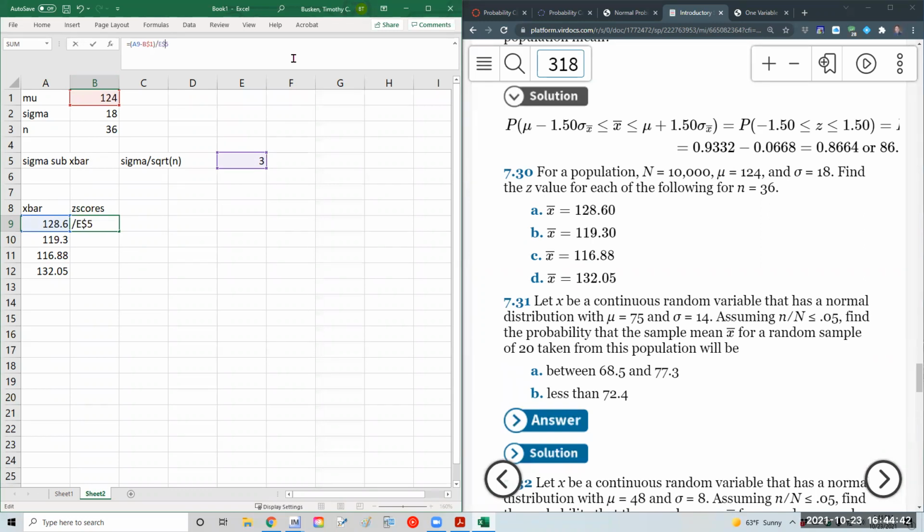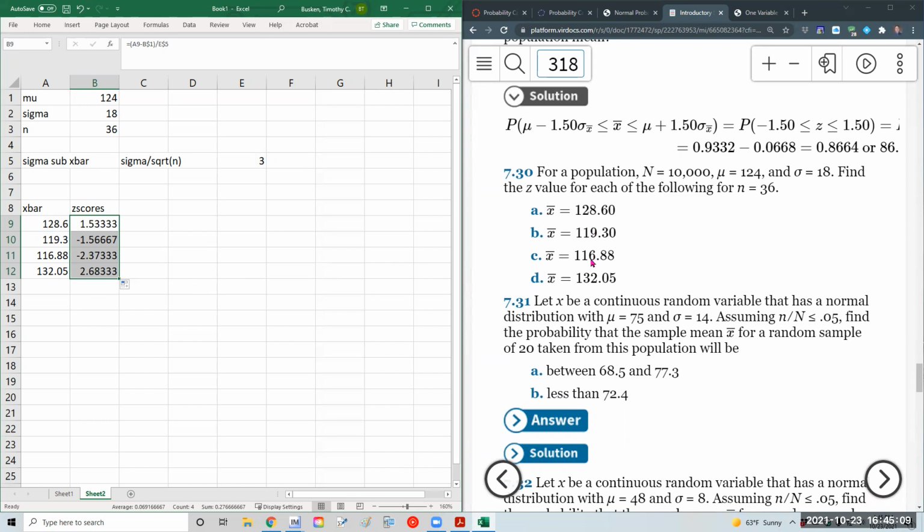Then Excel will know to keep those values fixed at 124 and 3 as I grab and drag and fill. There we go. And there are my answers. Boom. There are my four z-scores for each one of those four values. Alrighty. So that's that one.